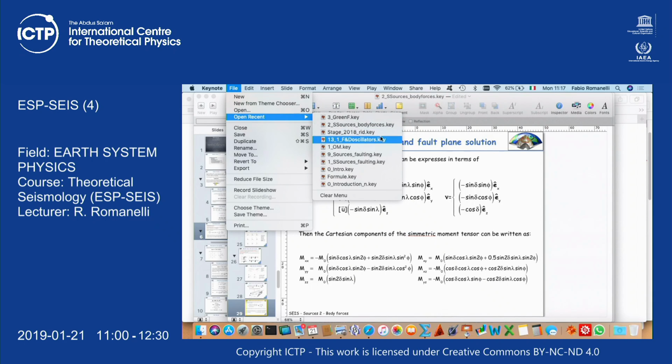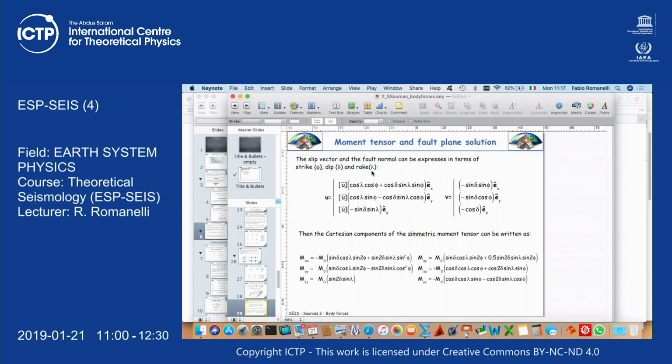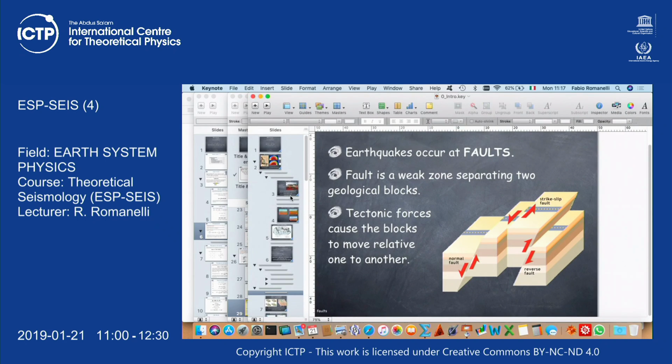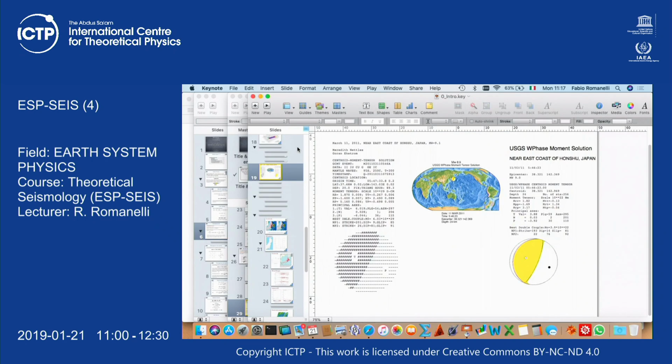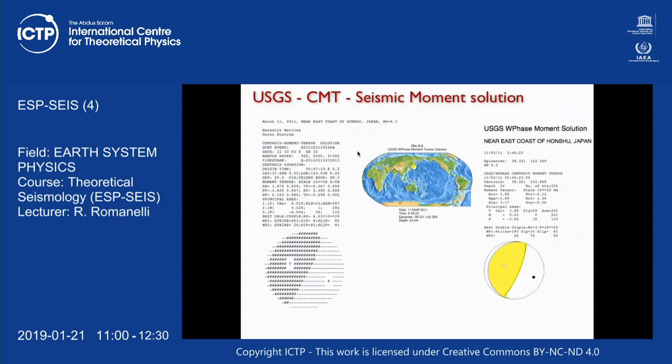If you look back at the page devoted to the Tohoku event, there was a piece of information here. Still, we're missing two pieces to fully understand this picture, this cartoon here.